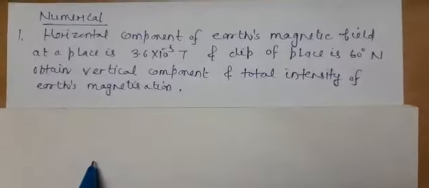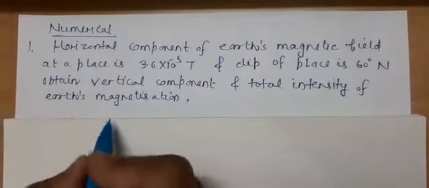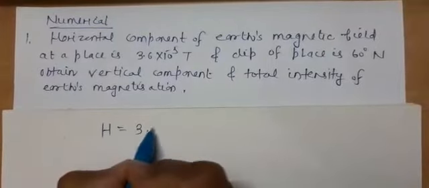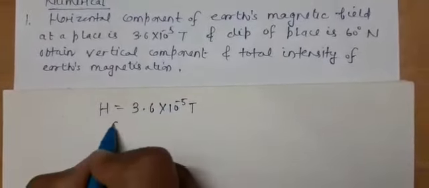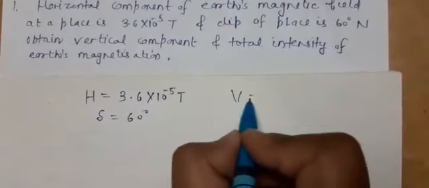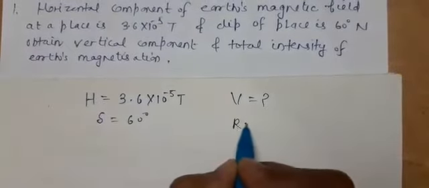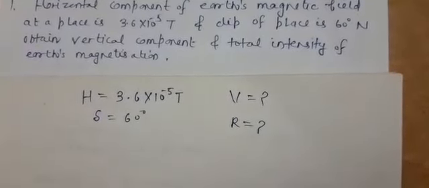So see, this statement is quite simple. Let me check what are the given factors. Horizontal component is given to be 3.6 × 10 raised to the power minus 5 Tesla. Angle of dip is 60 degree. What we have to find? Vertical component and R, that is total intensity of earth magnetization.